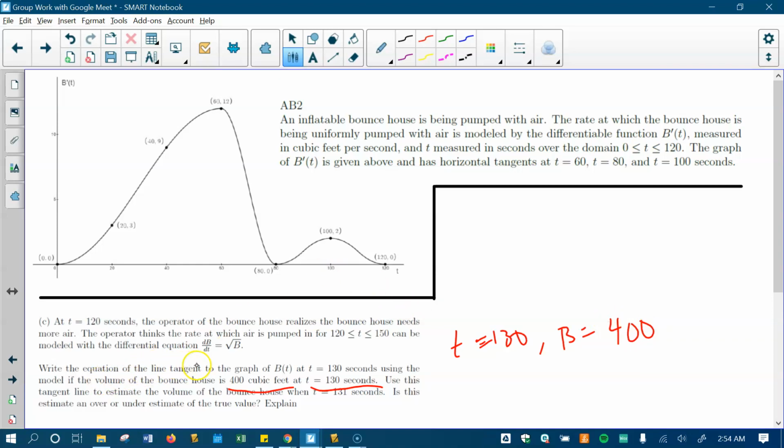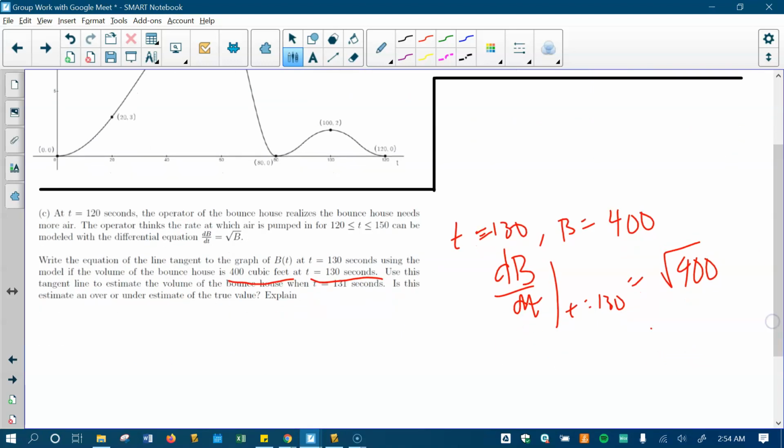Write the equation of the tangent line using 130 seconds. Do not plug in 130 into root b. Instead, plug in 400 because that's what b is. So db dt evaluated at t equals 130 is equal to the square root of 400, and that's going to be 20. Okay, so that's your slope.